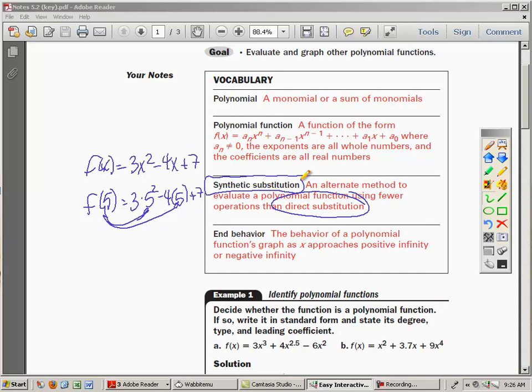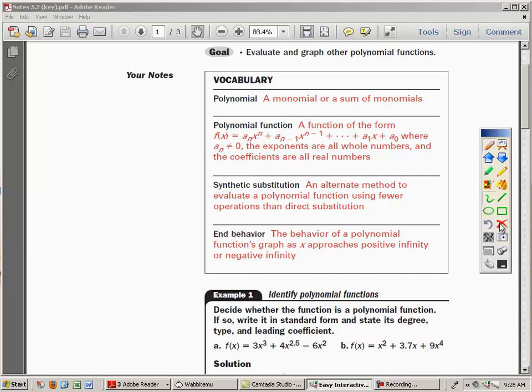Now, end behavior is how a function behaves at its ends. It's the behavior of a polynomial function's graph as x approaches either positive infinity or negative infinity. As we get into this, you'll have some sort of function, and I'll just draw a random function in here, and I'll talk more about what that is a little later on.